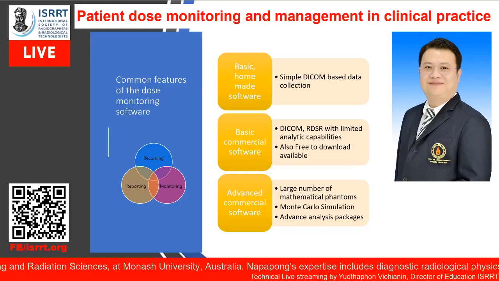But the limitation of the basic or homemade software is that the analysis capability is limited. And basic commercial software means it has DICOM or the RDSR format, but with limited analytic capability. Those cheap ones or free to download are available.